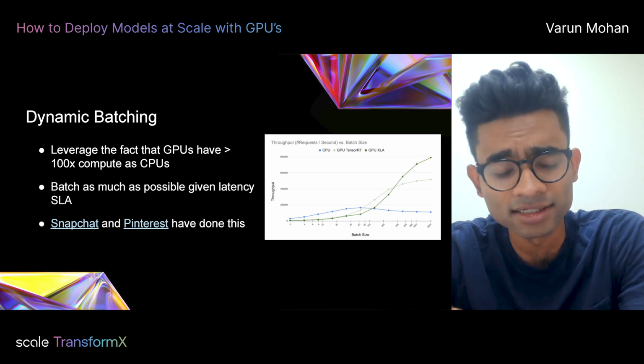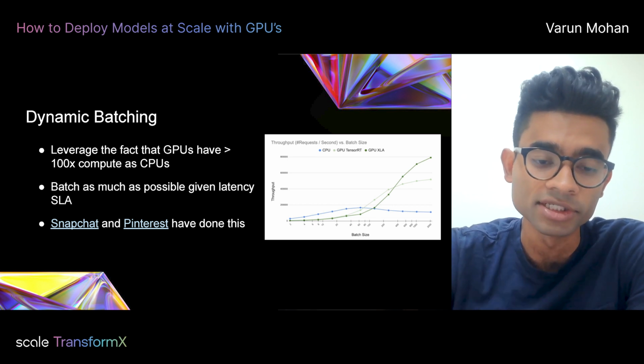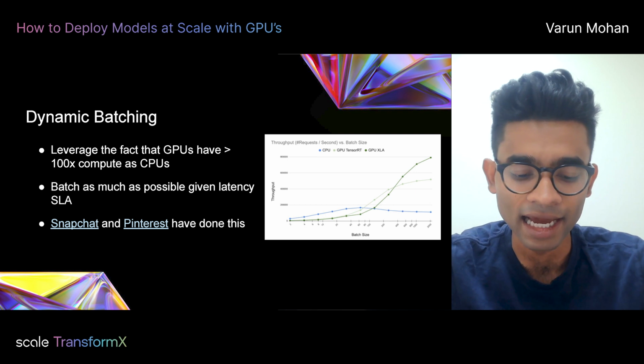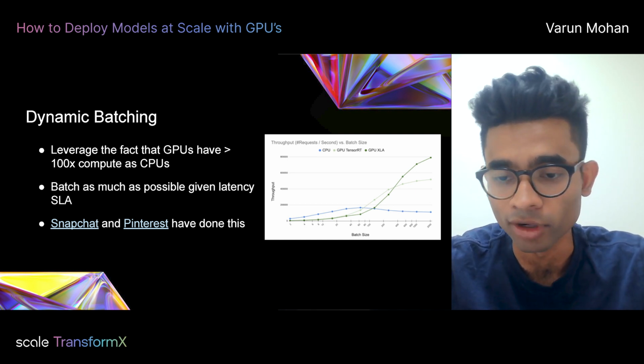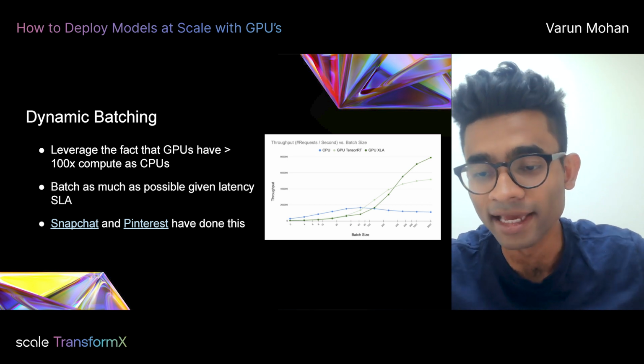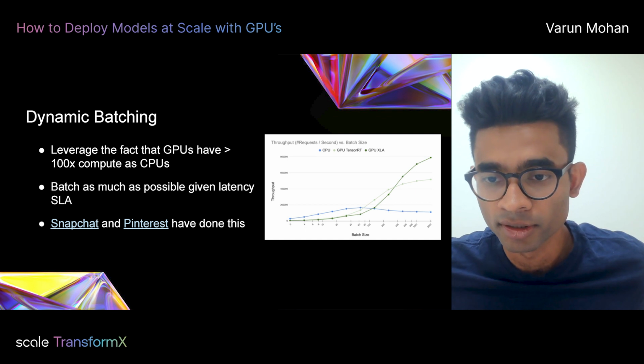It is cool to see companies like Snapchat and Pinterest have started running some of their recommendation and serving systems on GPUs. Some of the very interesting things they had to do were very smart forms of dynamic batching. This plot shows what scaling they were seeing for dynamic batching for Snapchat.